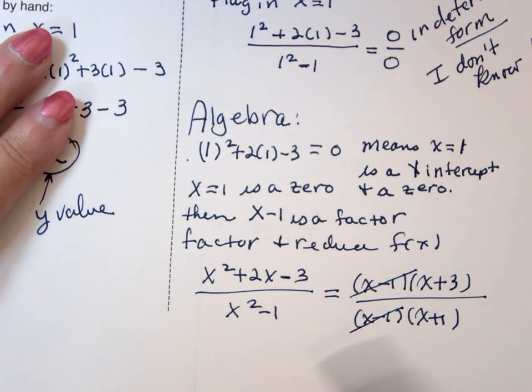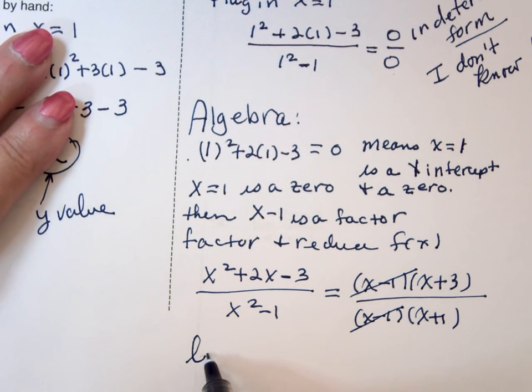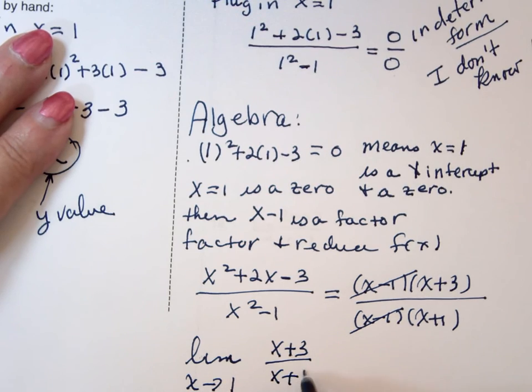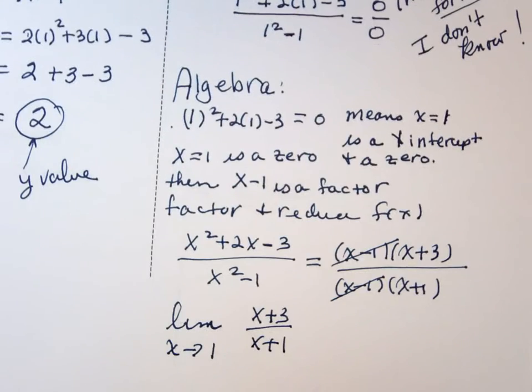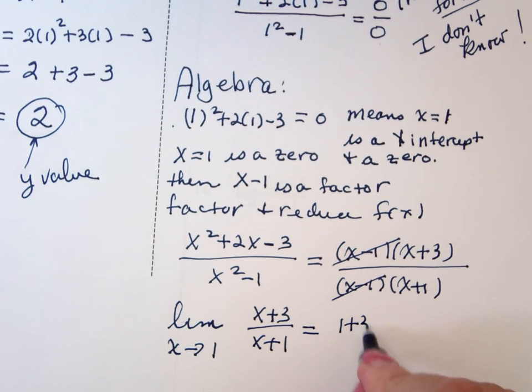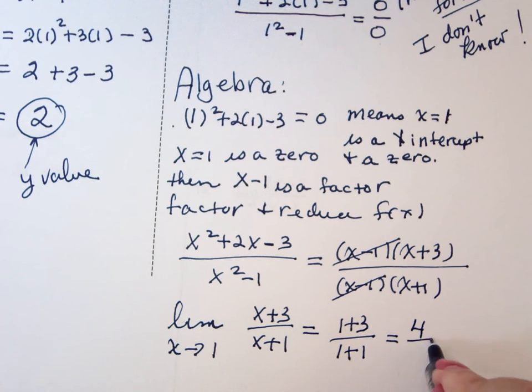So now I'm going to instead look at the limit as x approaches 1 of x plus 3 over x plus 1. Now, does that have a limit? Yes. This is 1 plus 3 over 1 plus 1, which is 4 halves, or 2.